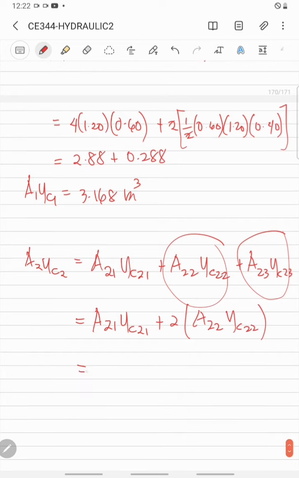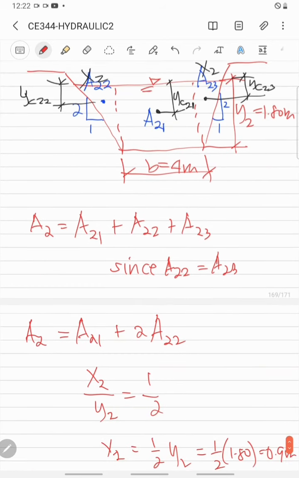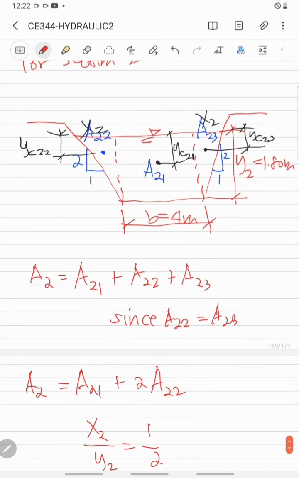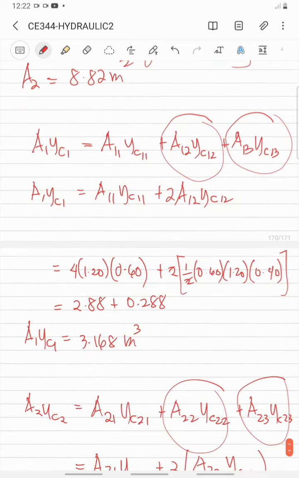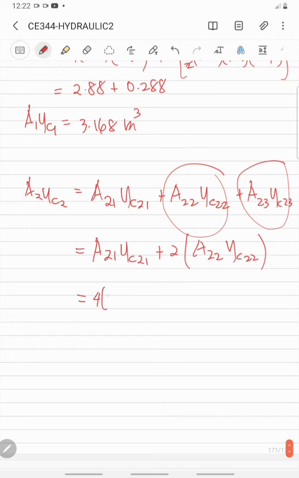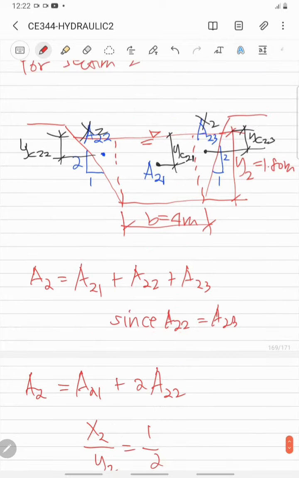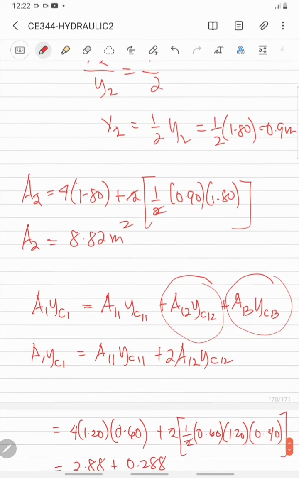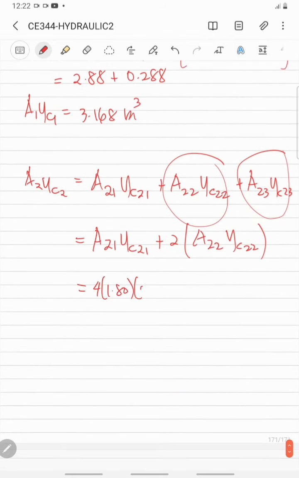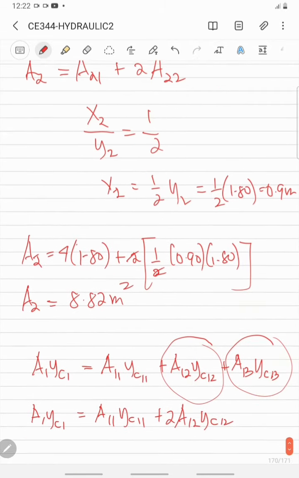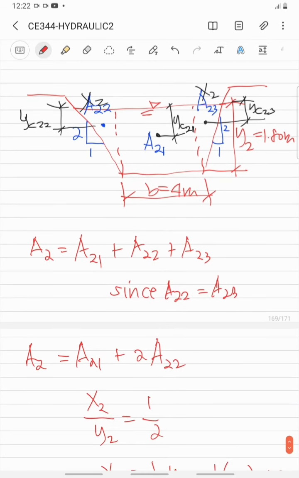So we compute the area of the rectangle for section 2, that is 4 times 1.8, and the location of the centroid from the water surface is 1.8 divided by 2, and that is 0.9. Plus 2 times the area of the triangle, so you have 1/2.